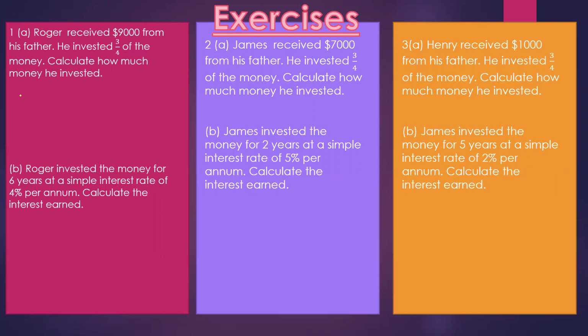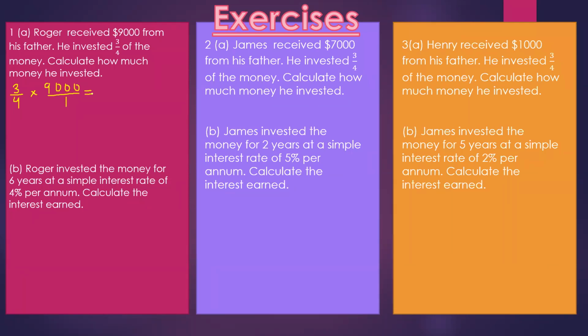For number 1A, Moesha. So for number 1A, you have to find the amount invested, and it will be 3/4 times 9,000 over 1, and that would be equal to 27,000 over 4. Very good.